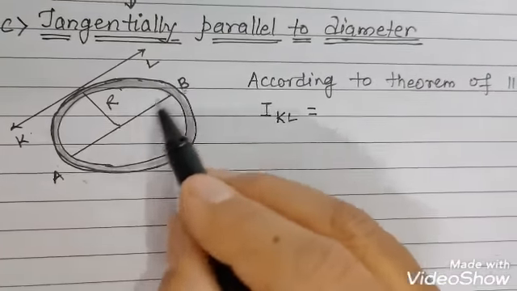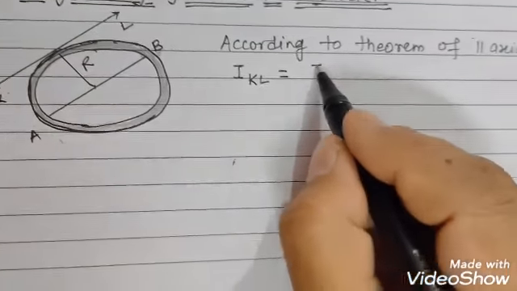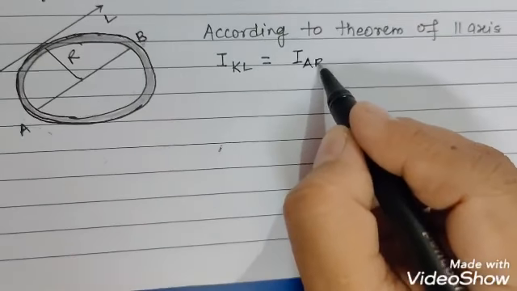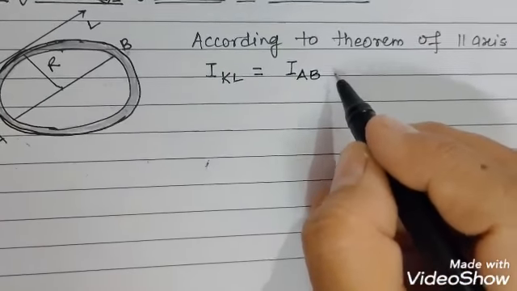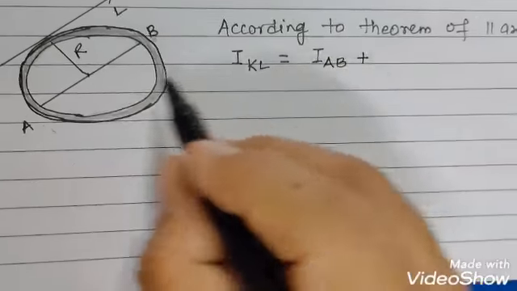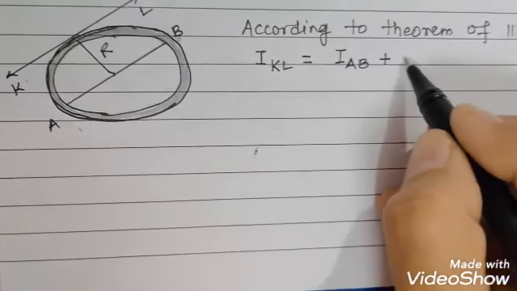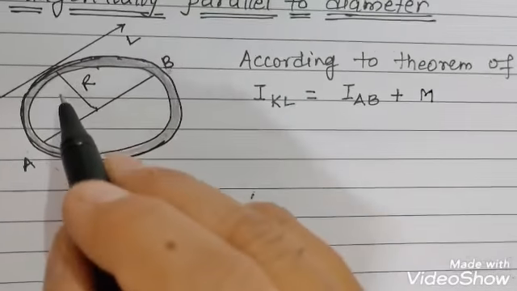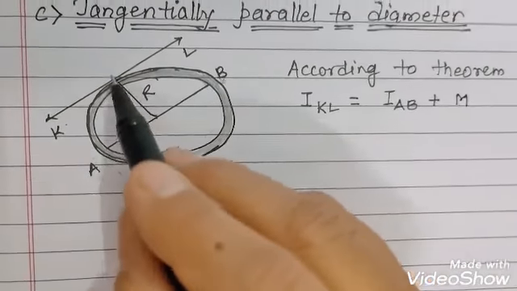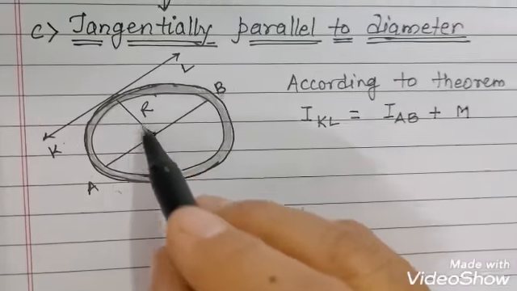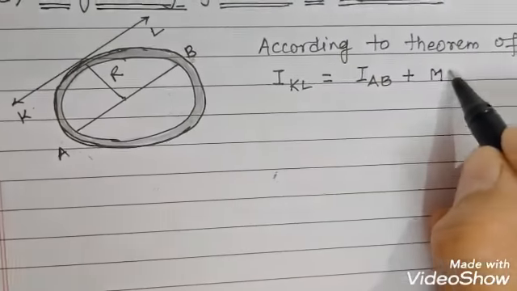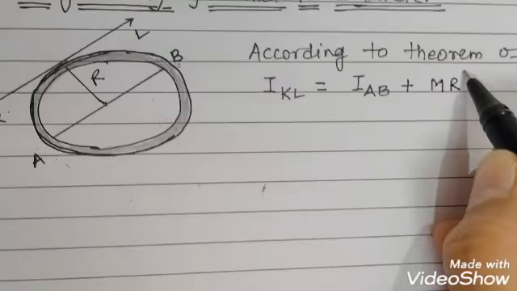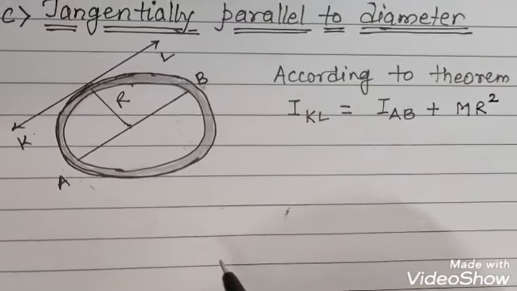This is the center, that is IAB, here center of mass, plus the whole mass of the body, that is capital M, and the square of the distance between these two. So the distance is R, the radius, so the square of the distance between these two means MR square.